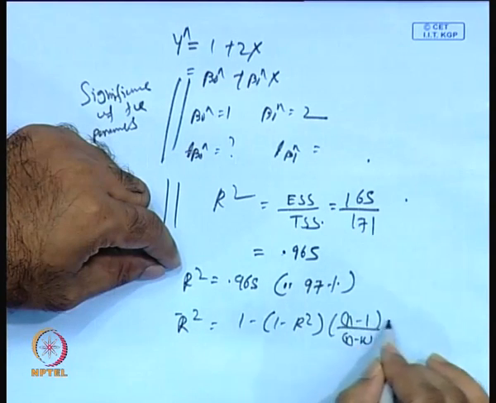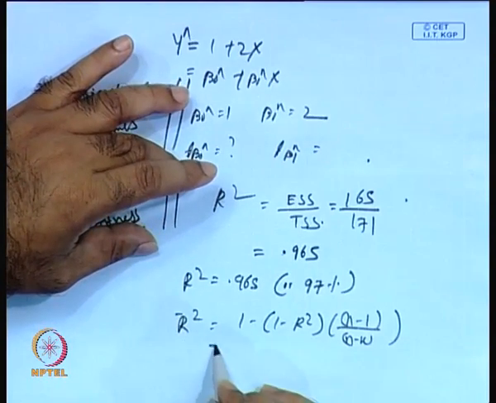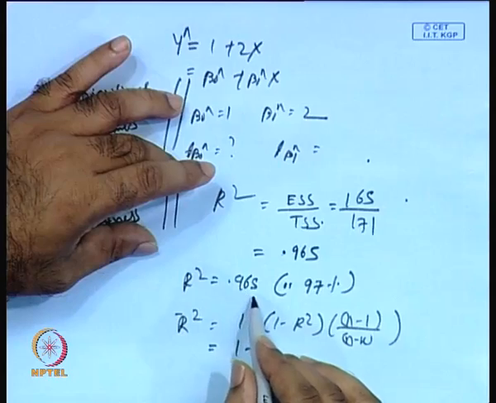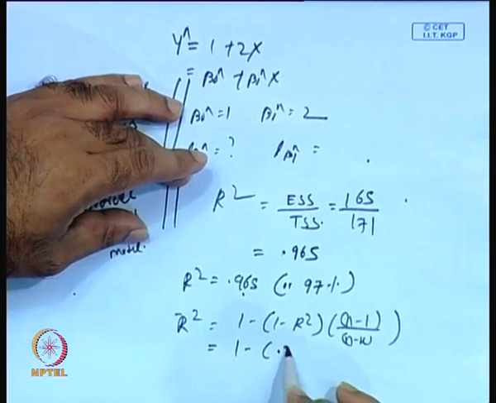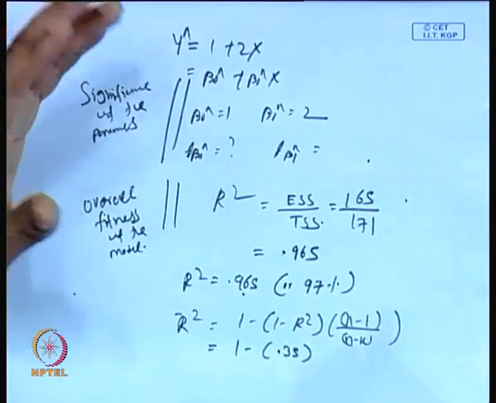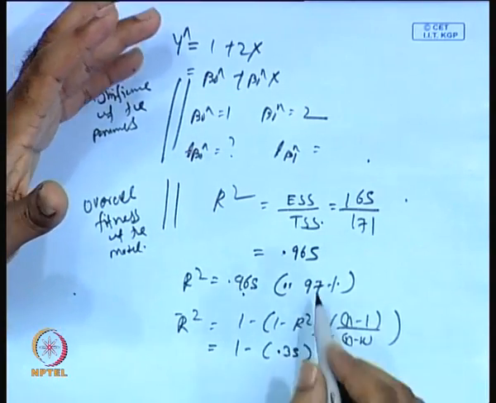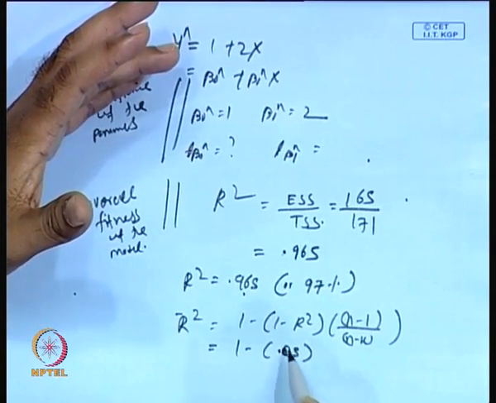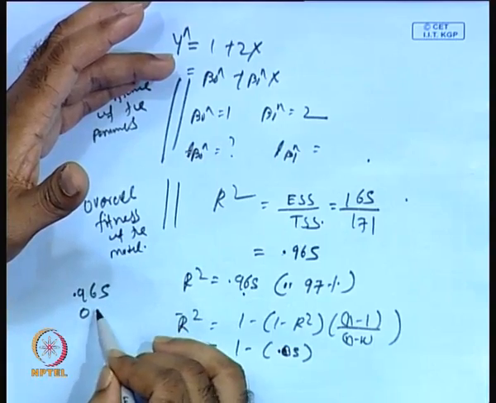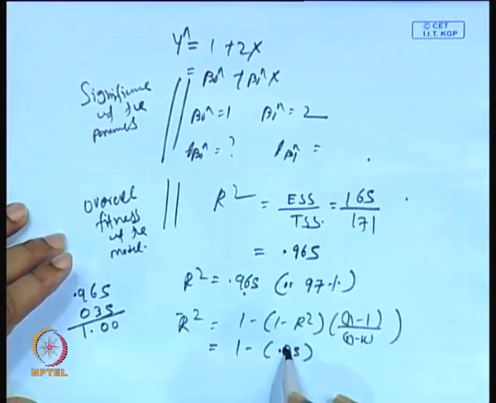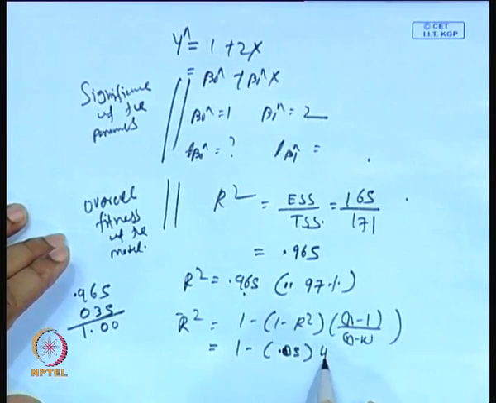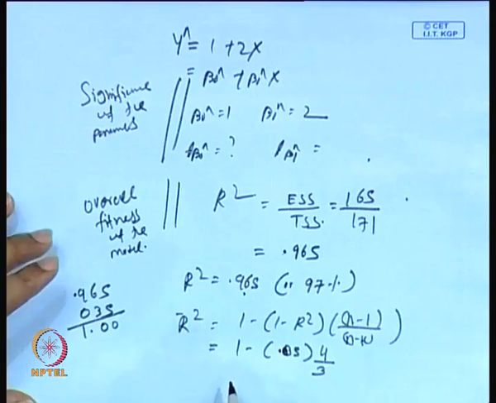Now 1 minus R-square, with R-square 0.965, is 0.035. Then n minus 1, where n is 5 here, is 4, divided by n minus k, which is 5 minus 2, that is 3. So that means 0.035.